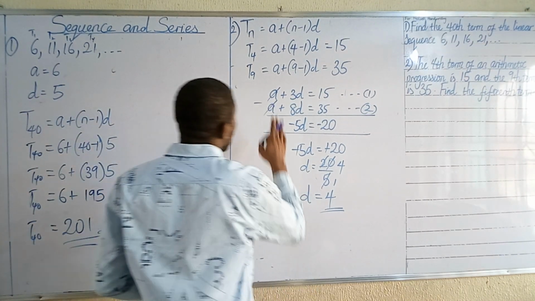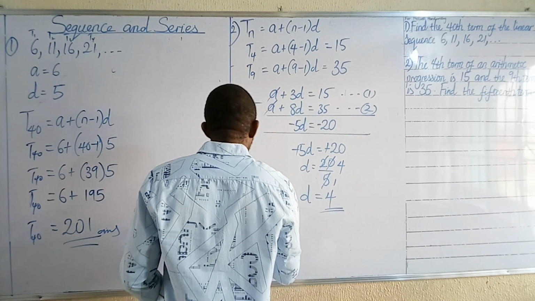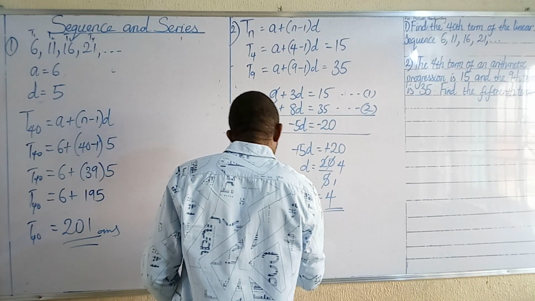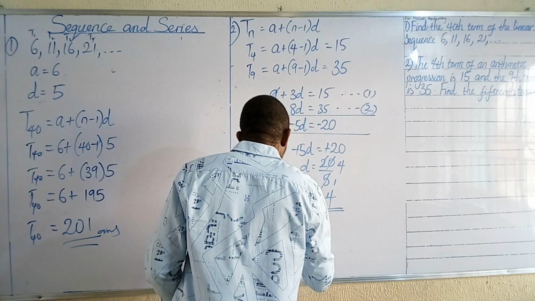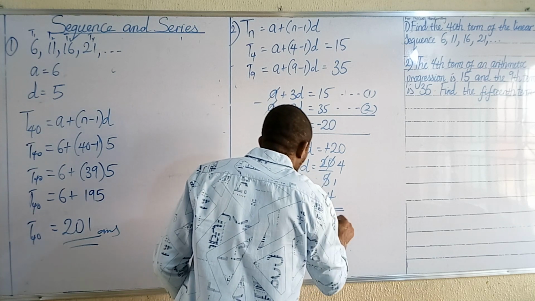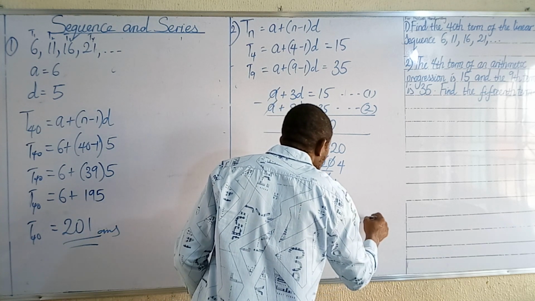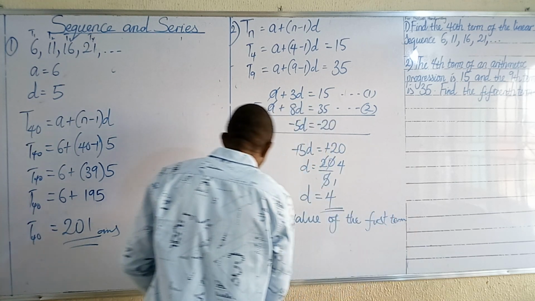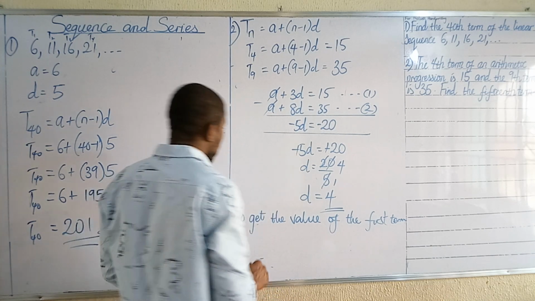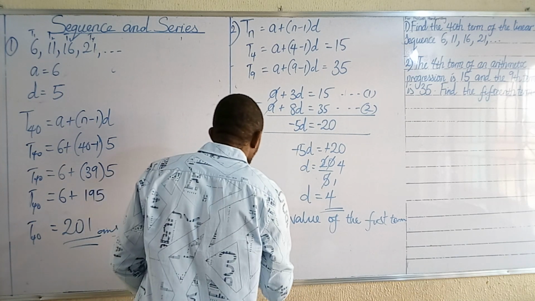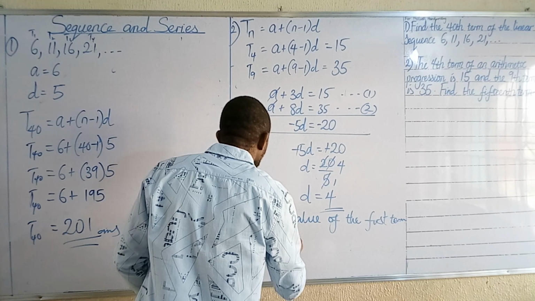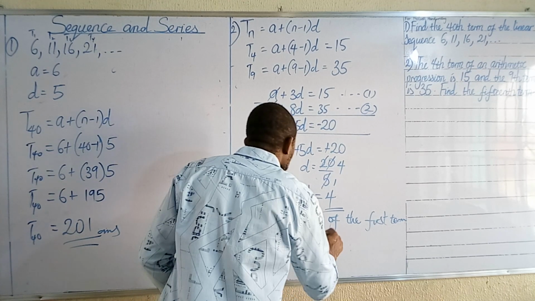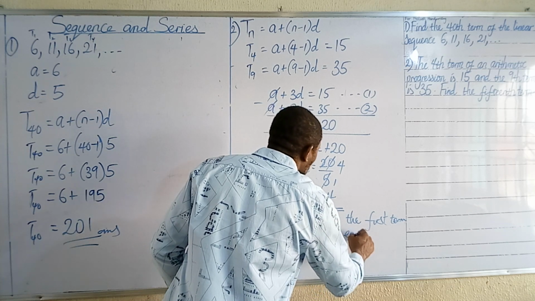To get the value of our first term A, substitute d equal to 4 in equation 1.